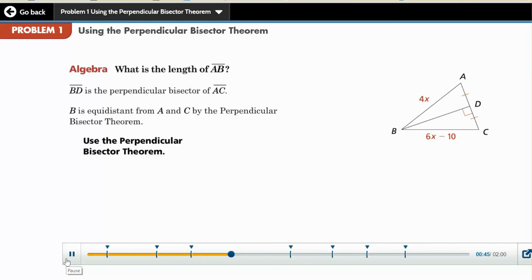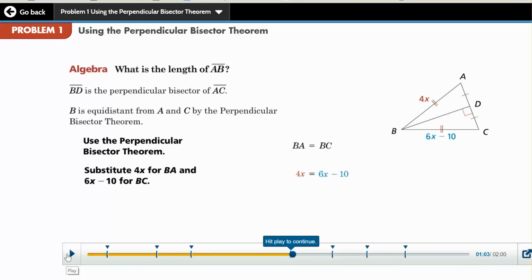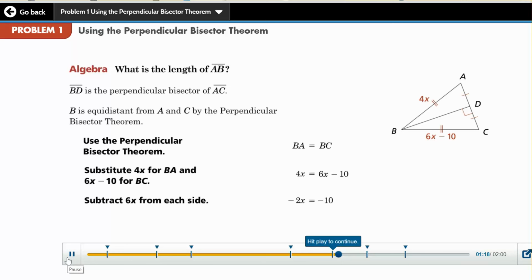Use the perpendicular bisector theorem. Substitute 4x for the length of segment BA and 6x minus 10 for the length of segment BC. Subtract 6x from each side of the equation. Divide each side of the equation by -2.